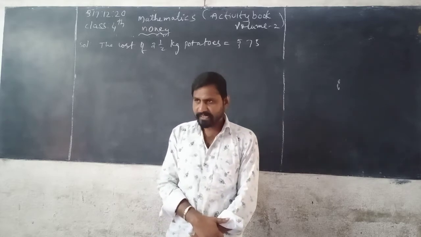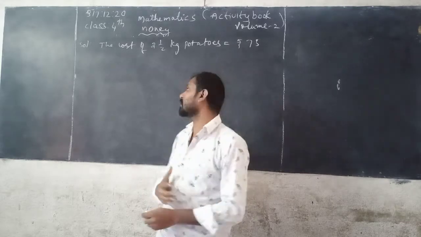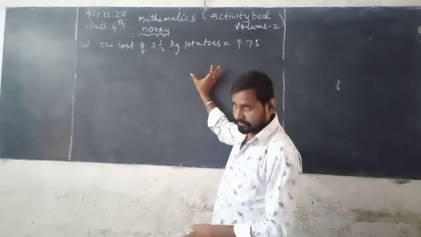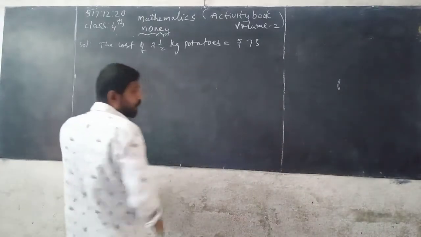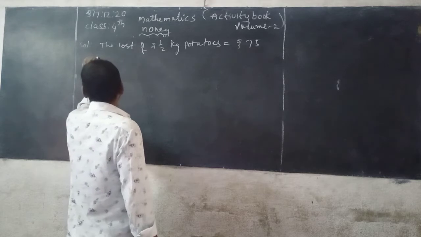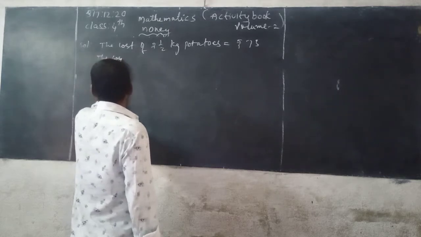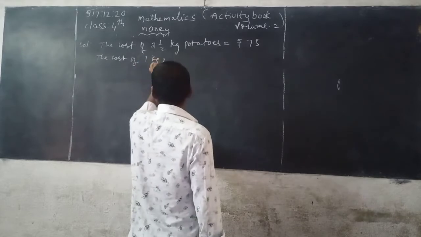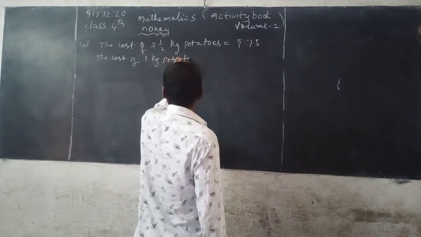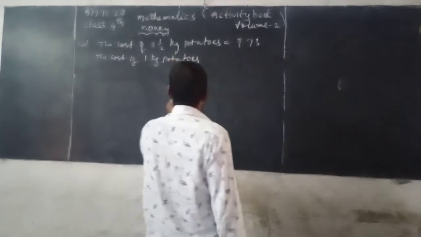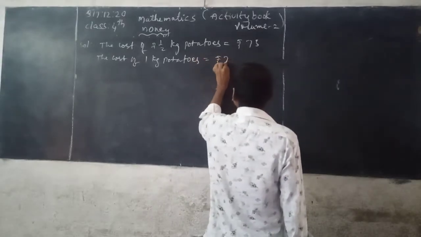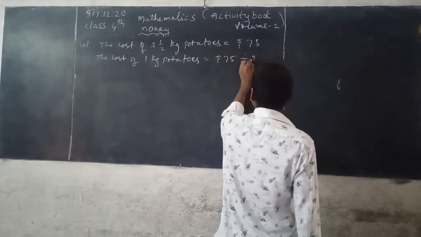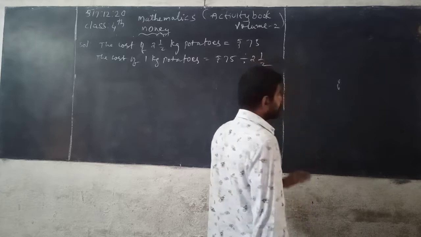Did you understand? Look at the blackboard, everybody. Now we can find out the cost of 1 kg potatoes, that is equal to 75 divided by 2.5 kg.